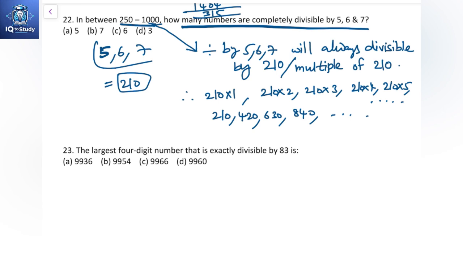Here they have asked between 250 to 1000. So it is 1, 2, 3. Only 3 numbers are completely divisible by 5, 6 and 7.